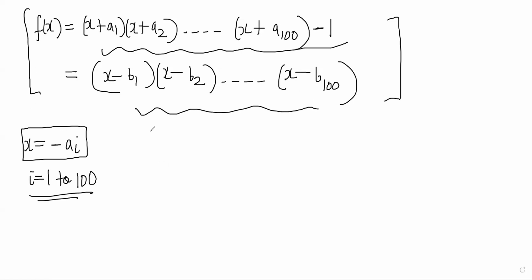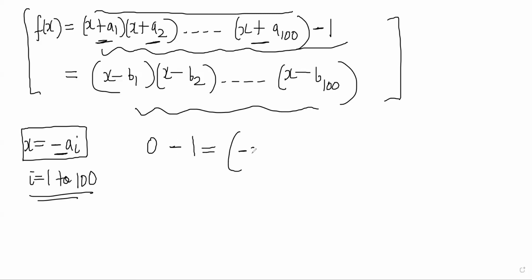What will happen? See, on this side, there are so many terms and there is an x plus ai term somewhere, right? So that will ensure that this product will vanish because when you put x is equal to minus ai, it will cancel one term. So it will be 0 minus 1 is equal to minus ai minus b1, minus ai minus b2.